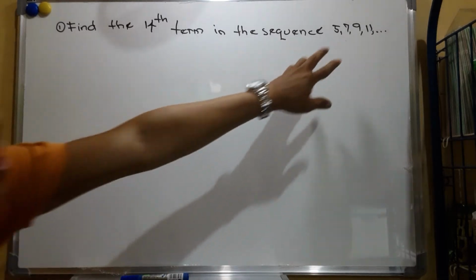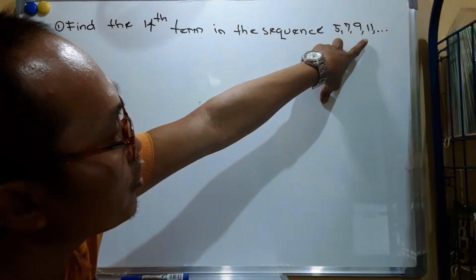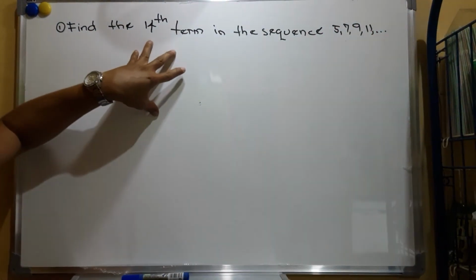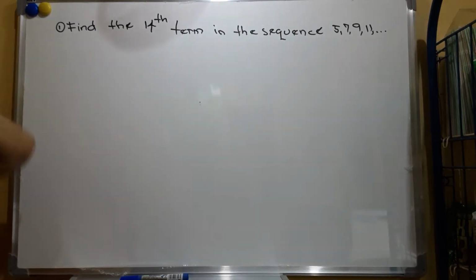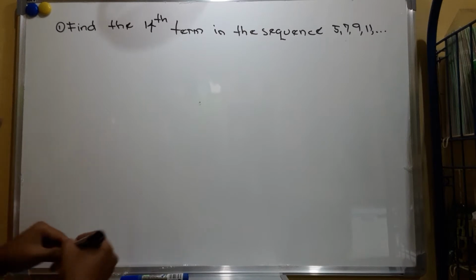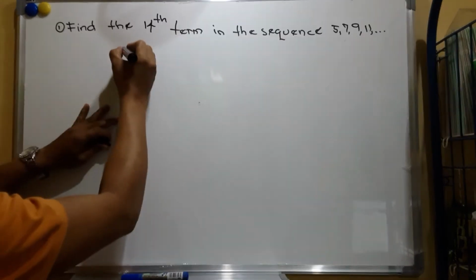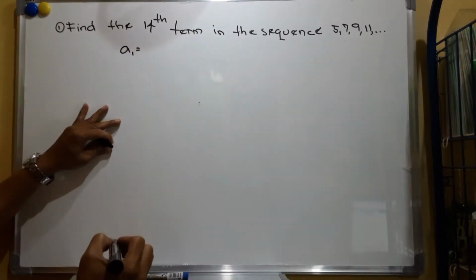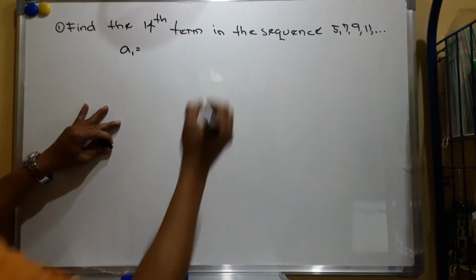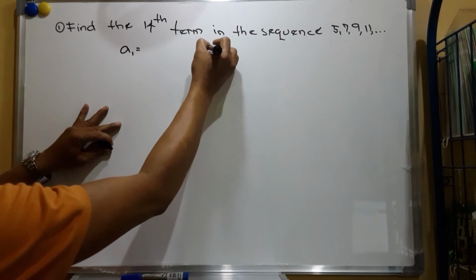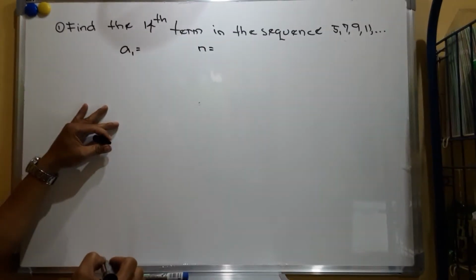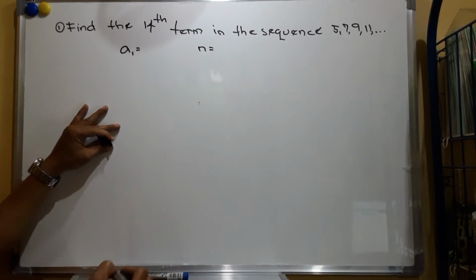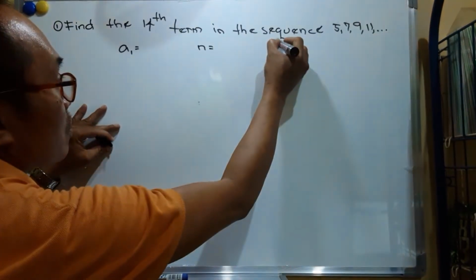If you can see, this is the first term, second term, third, fourth term. We are looking for the 14th term. So first, to find the 14th term, identify what your a sub 1 is, the number of terms represented by n, and then find the common difference.